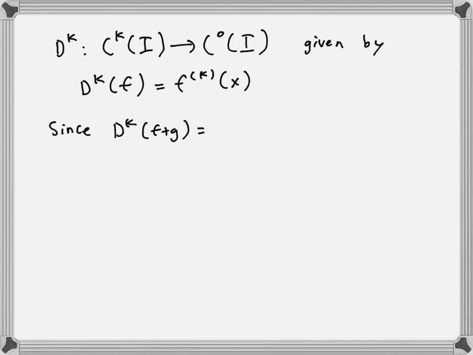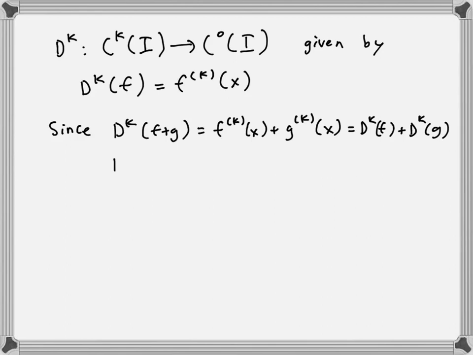Think about it, when you take K derivatives of the sum of two functions, we know from calculus that this is going to equal the kth derivative of F plus the kth derivative of G, right? So we know that this is true, which is the same as D to the K of F plus D to the K of G.